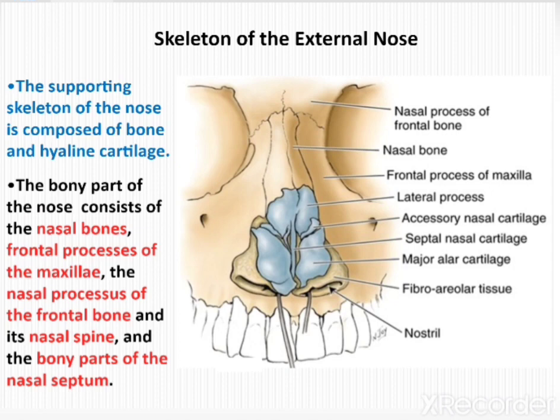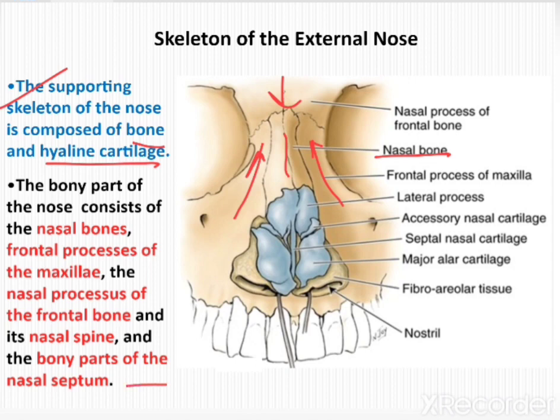Now we will look into the skeleton of the external nose. The supporting skeleton of the nose is composed of bone and hyaline cartilage. The bony part of the nose consists of a pair of nasal bones, the frontal processes of the two maxillae, the nasal part of the frontal bone and its nasal spine, and the bony part of the nasal septum.